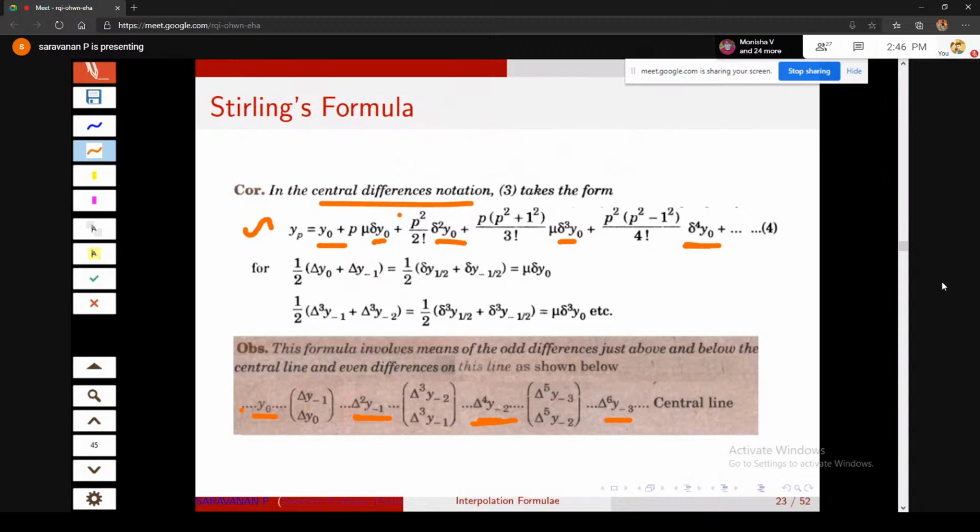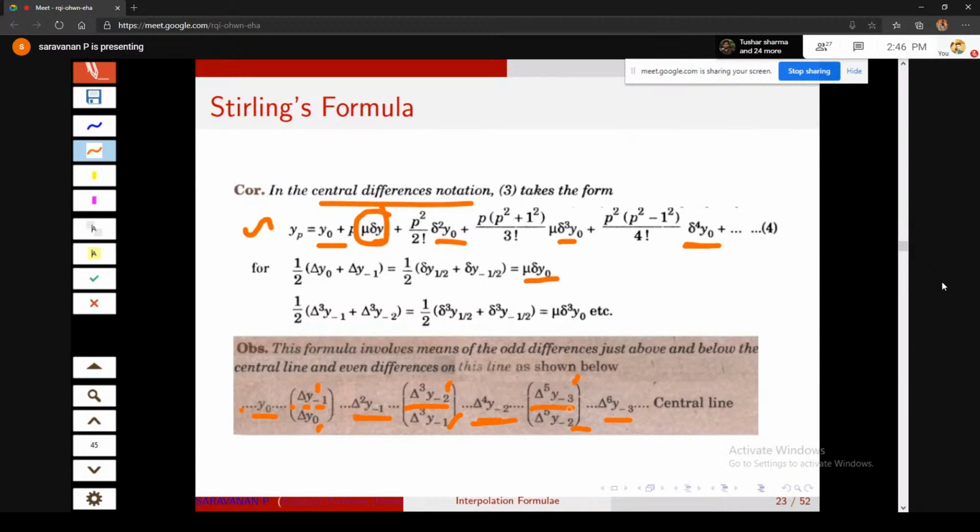And whatever here is mu delta y0 is nothing but delta y0 plus delta y minus 1 by 2, by 2. Here it is delta cube y minus 1 plus delta cube y minus 2 by 2. So for all the odd powers, in the horizontal line above and below you take the average, whatever value it is.